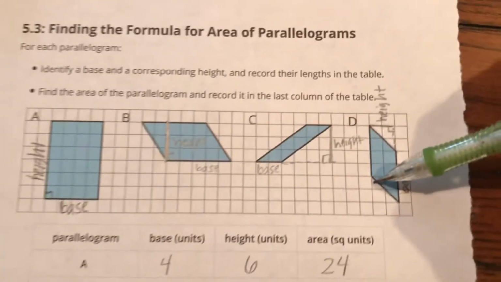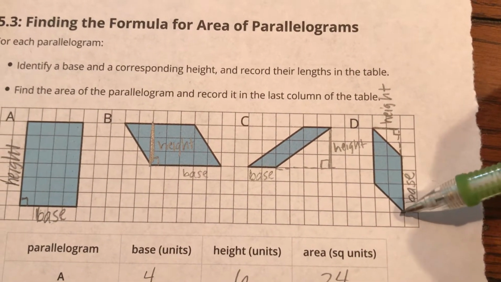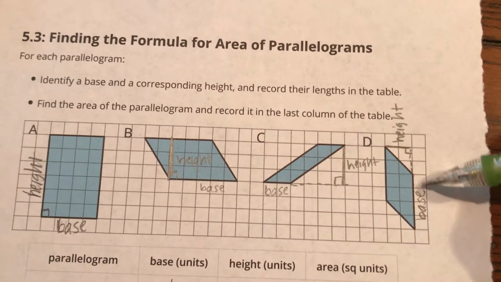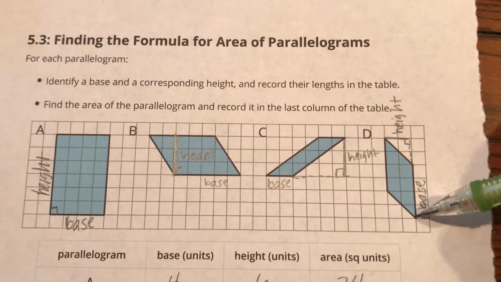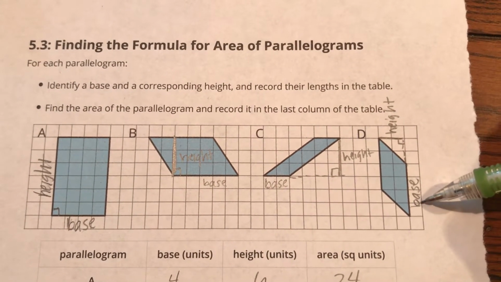However, if it's a figure that doesn't have a bottom that is clearly horizontal, and instead it's an oblique line, it might be easier to pick a base that has a straight vertical or horizontal line. So that's why I've chosen this base.